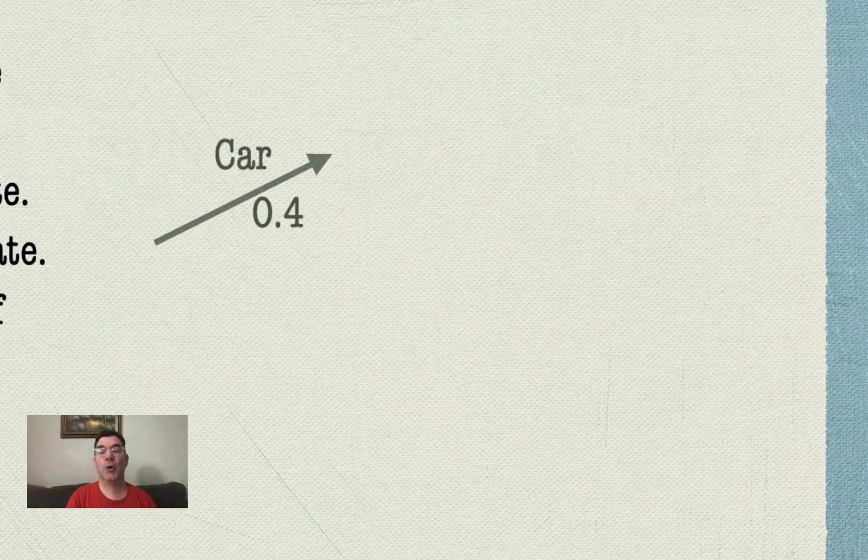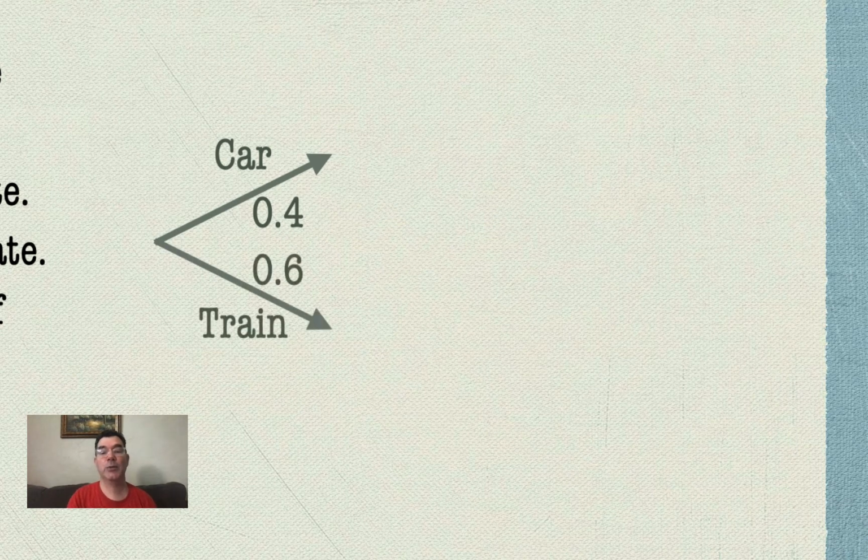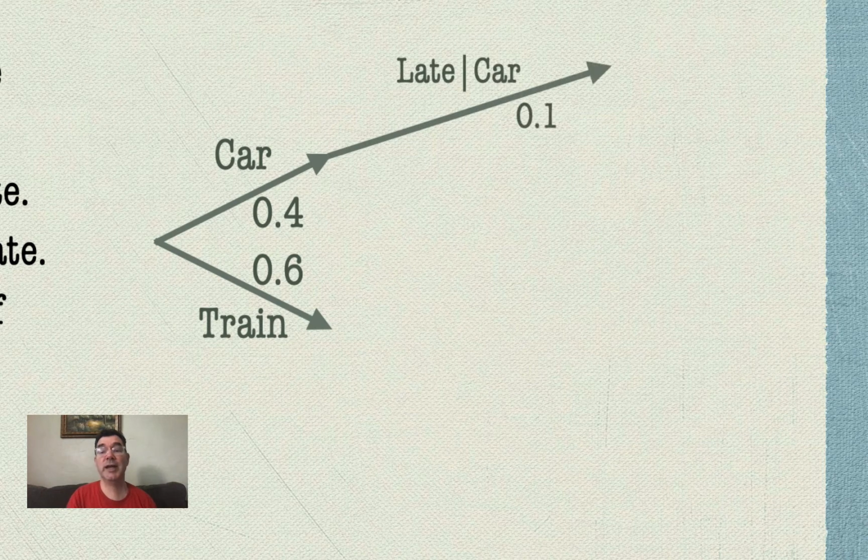Okay, so he drives his car 2 days out of the 5 days of the week, so that's a probability of 0.4, meaning that he rides the train with a probability of 0.6. Using the other information, I can figure out that the probability that he is late, given that he is driving his car, is 0.1.